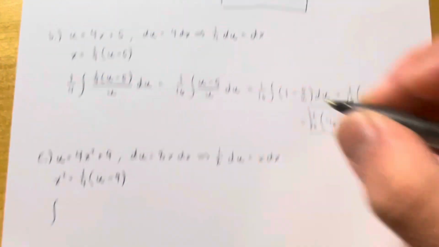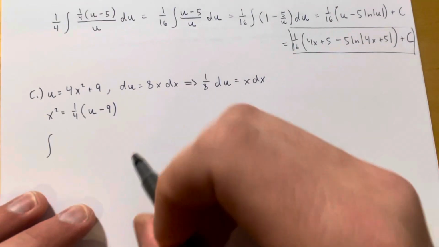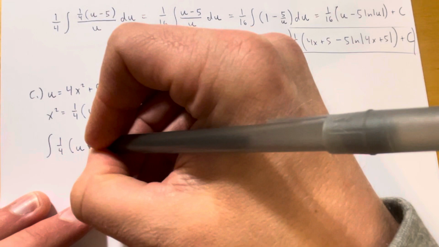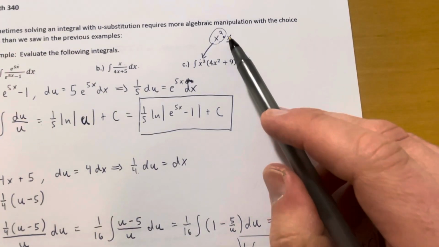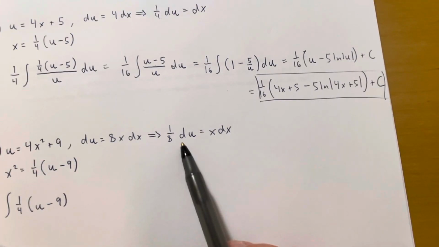So I'm going to be going kind of a little back and forth. So again, this x squared, which is part of the x cubed here, is going to become 1/4 times u minus 9. That was being multiplied by an x dx, which is the same thing as 1/8 du.